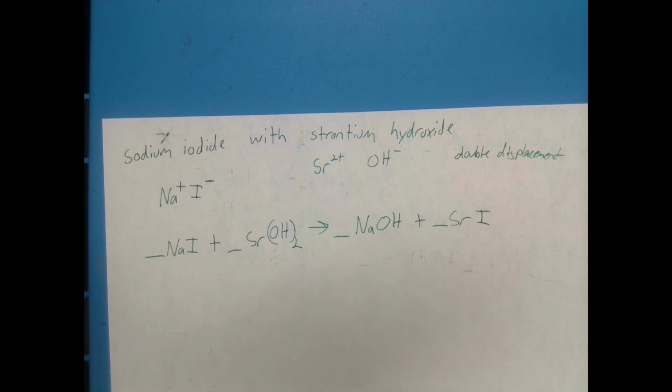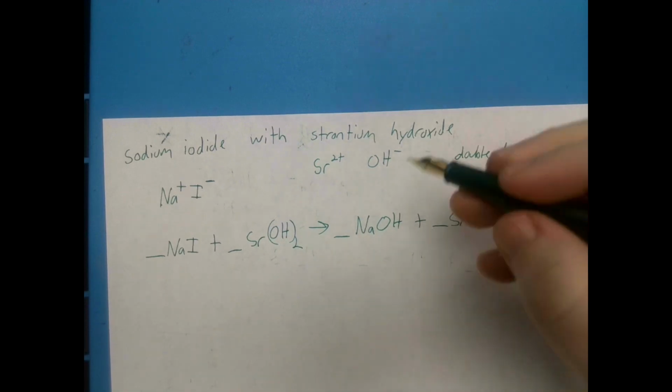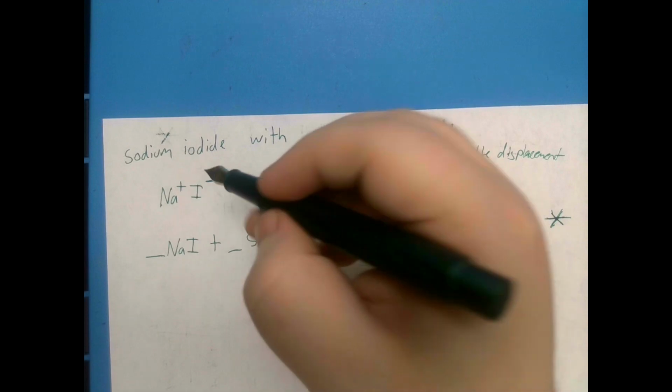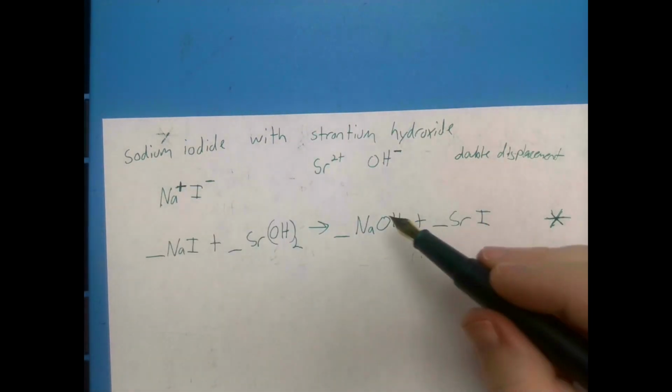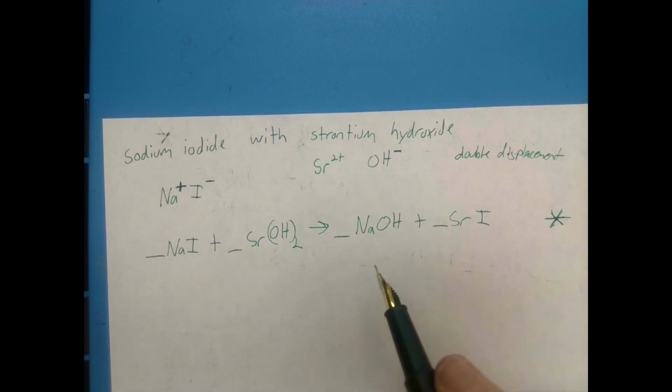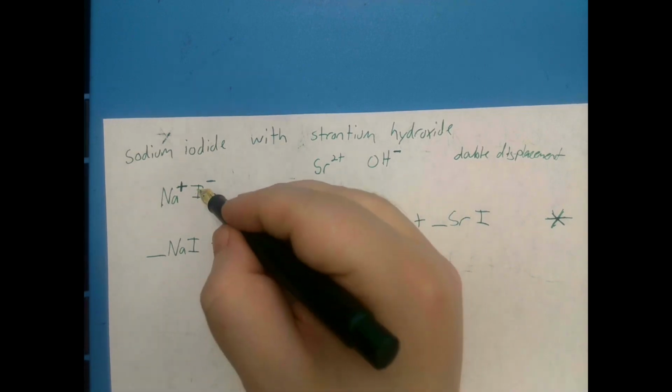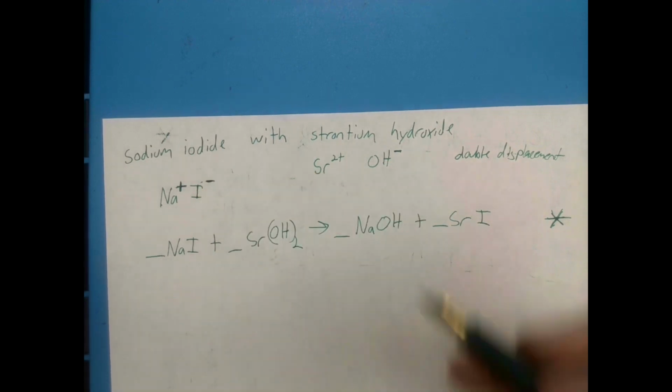And this is the part that's very, very important. Make sure these are valid compounds. So Na is a plus. OH is a negative. Those charges cancel each other out. NaOH, sodium hydroxide, is a valid compound. I is negative.